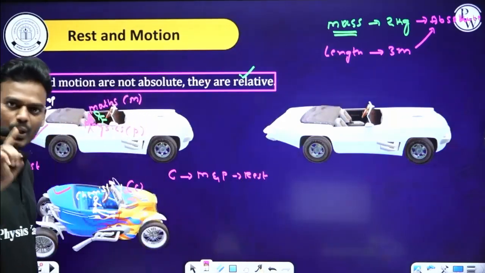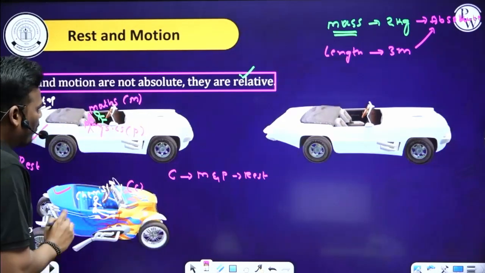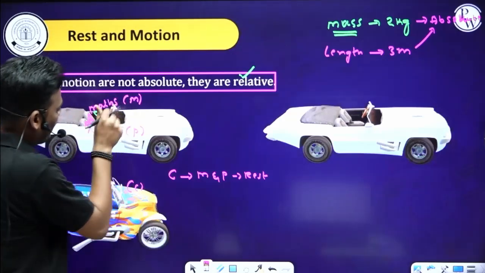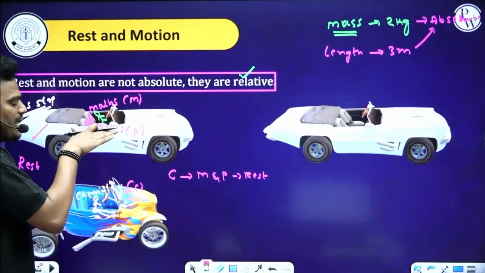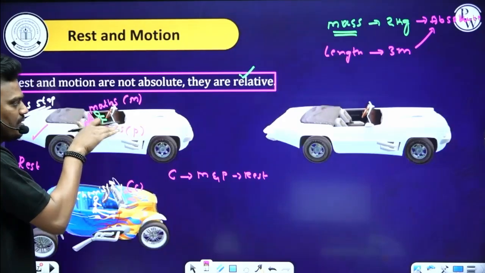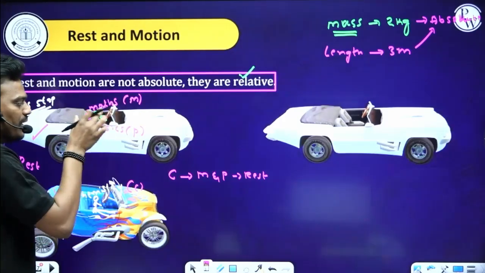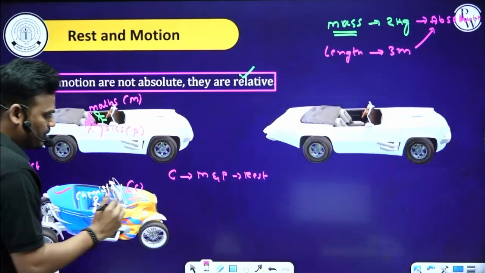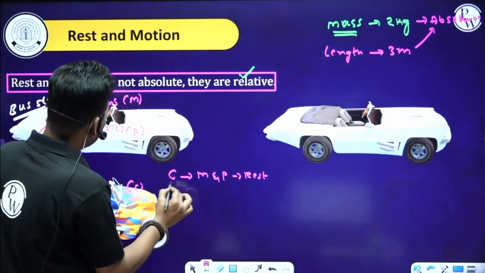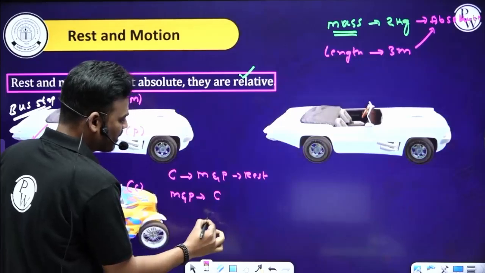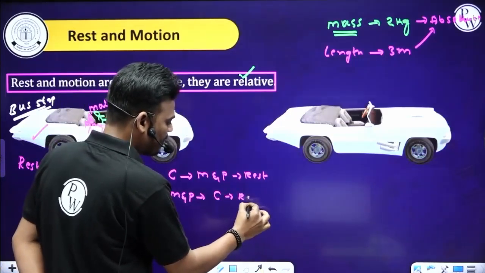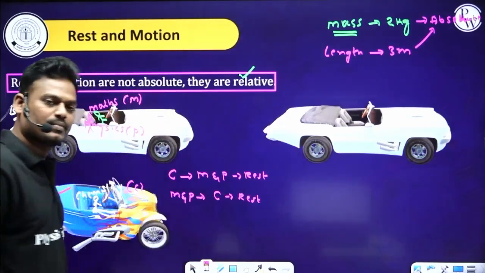Now ignore chemistry as observer; let's concentrate on the situation where maths and physics are the observers. With respect to maths and physics, chemistry is at rest, right? Got it?